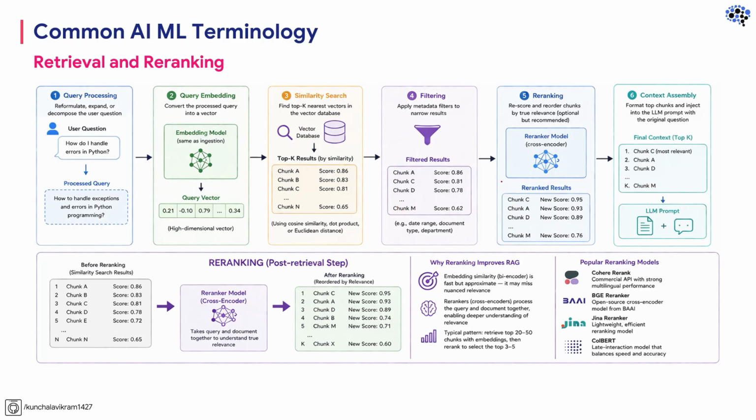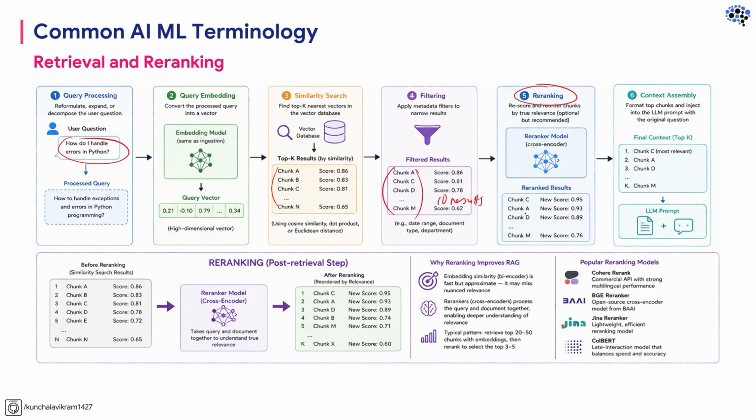And then there is another component known as re-ranking. For my question, the similarity search has given me some 10 results, but not all results will contain the answer to my question. So what re-ranking does is it takes all these chunks and re-ranks them against my question to find only the chunks that are very relevant.